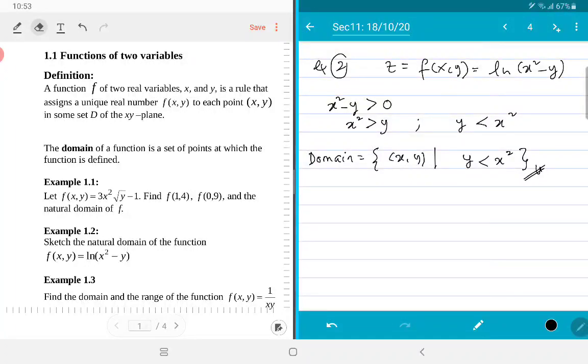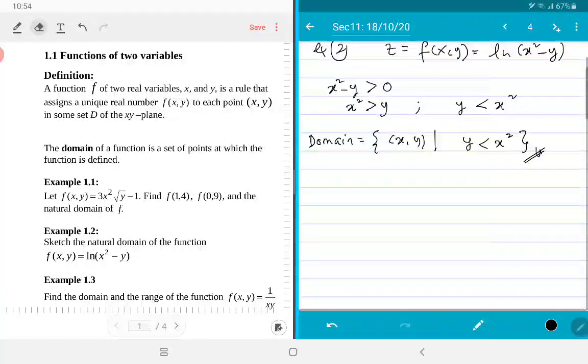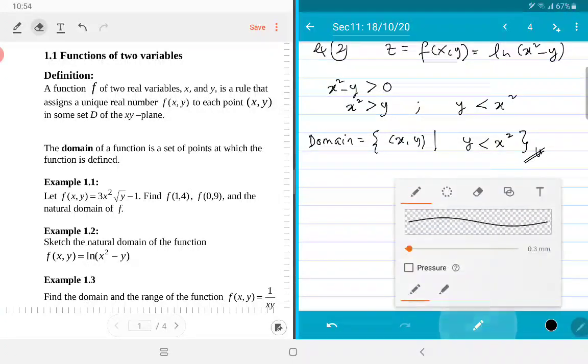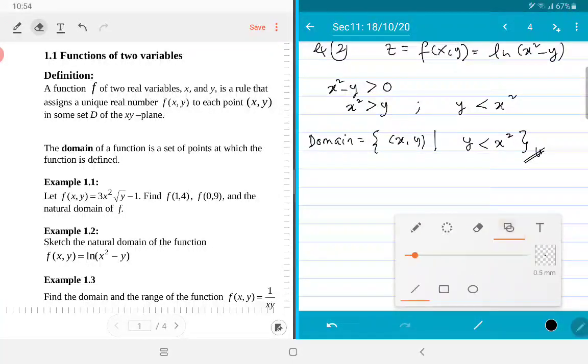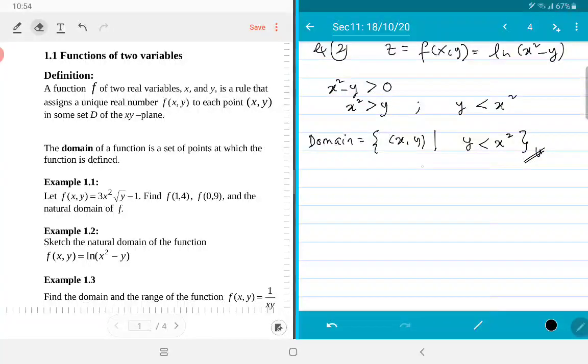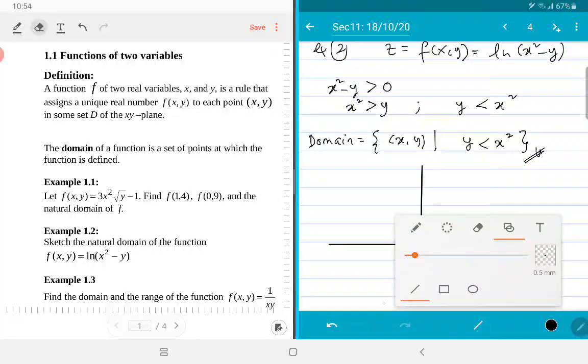Now we need to sketch the domain. Sketching the domain, you just need to sketch an area where y is less than x squared. To do that, we need the xy plane. So let's say here we have the y-axis, and here we have the x-axis.